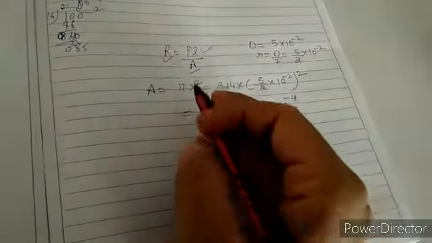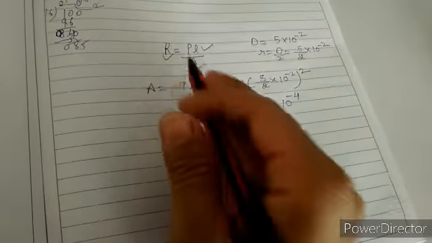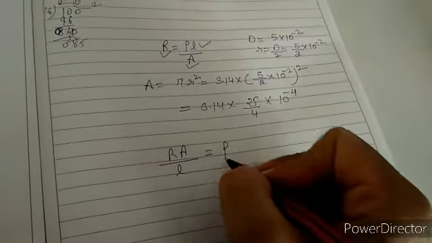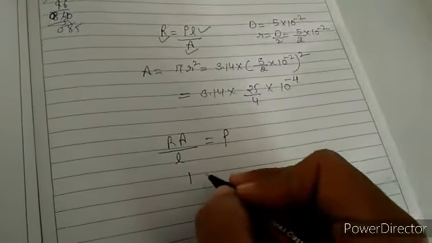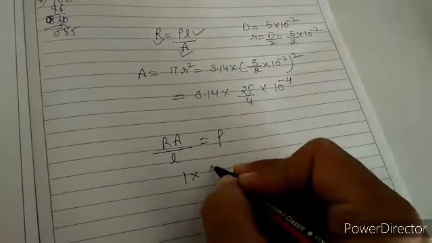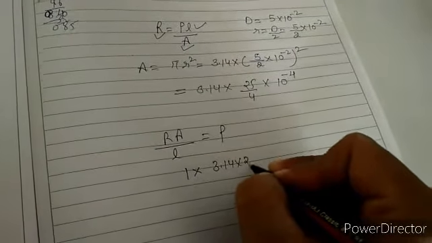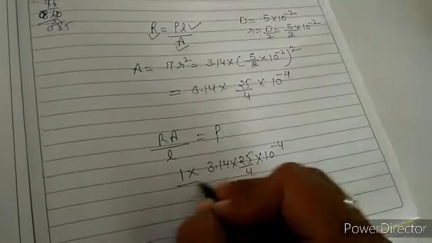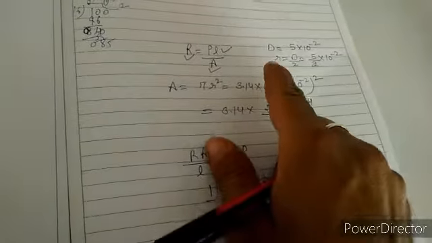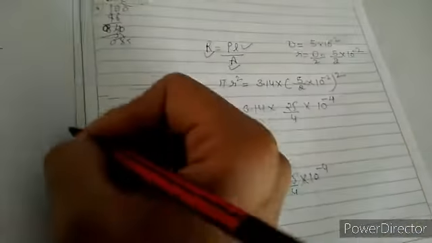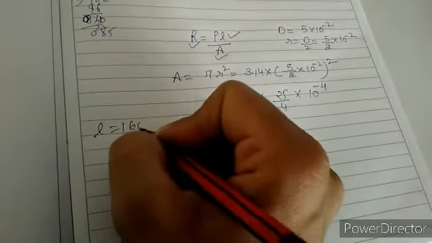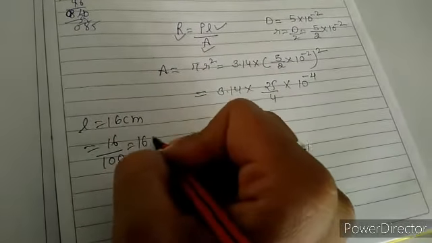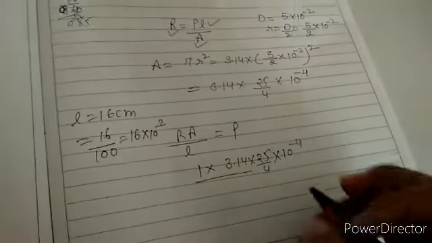We will put the value, now we will calculate the formula for the resistivity. R into A divided by L, it is resistivity. R is 1, A is 3.14 into 25 by 4 into 10 raised to power minus 4, and the length of this wire is 16 centimeter, we will convert into meter, that is 16 into 10 raised to power minus 2.